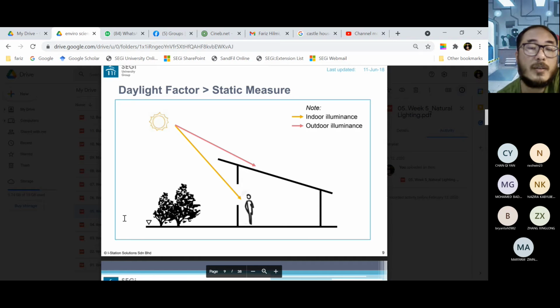As a designer, we only need to understand the sun movement, sun radiation, where it comes from, the angle, and also the time of the year. With that, you can precisely design a building based on the data.